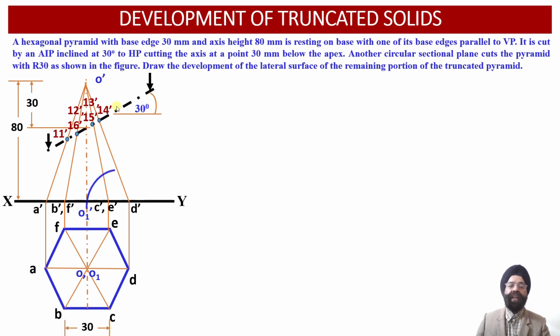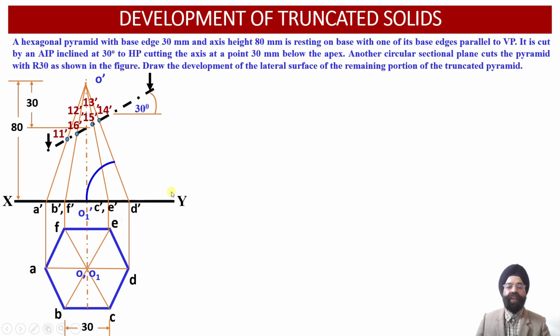Now let us obtain the orientation corresponding to the circular cutting plane. So there is another circular sectional cutting plane which cuts the pyramid with radius equal to 30 millimeter, drawn from the right hand side corner point of this particular hexagonal pyramid over here.